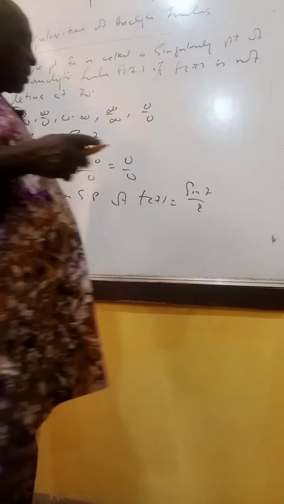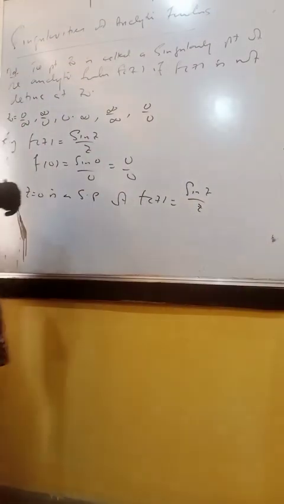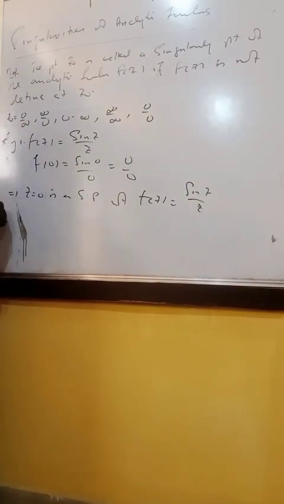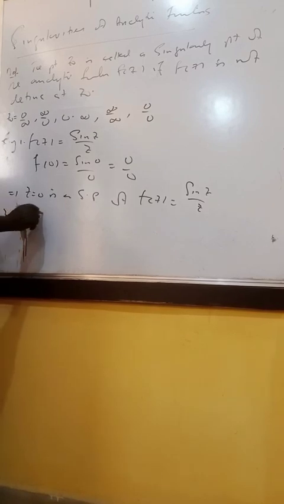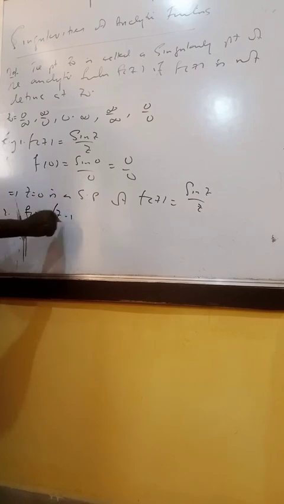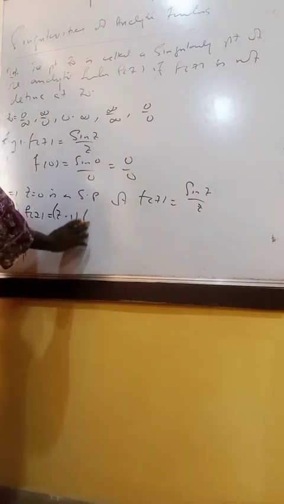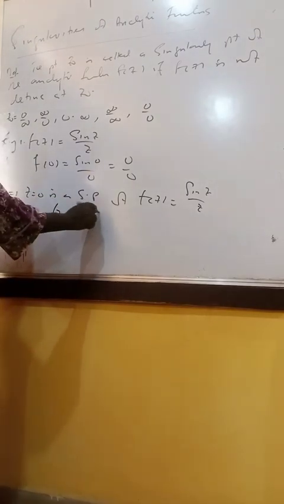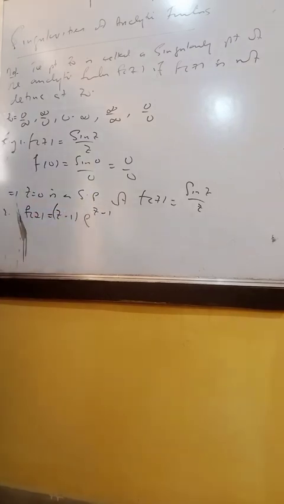Also, let's say for example 2, if you have your f of z equal to z minus 1 multiplied by e raised to power 1 over z minus 1. Is that okay? When z is equal to 1, what do we have?